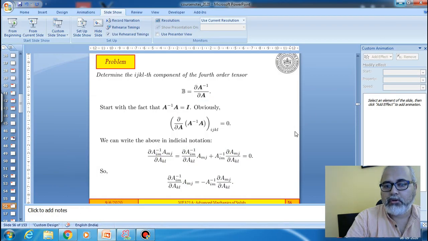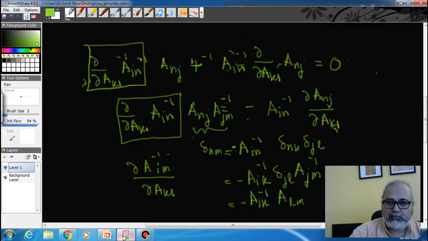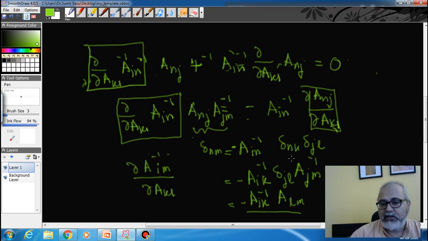Now, okay, so here we were, so we got this, and the way we got this is by taking this to be equal to 1 when n is equal to k and j is equal to l. So delta_nk delta_jl is the result of this derivative.